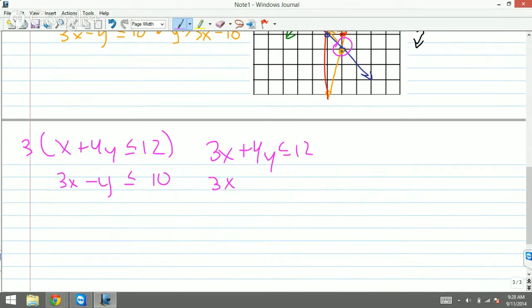You can do -3 if you want. And that's going to be 36. That's going to be 12. Subtract.